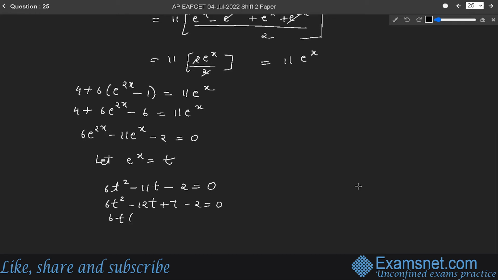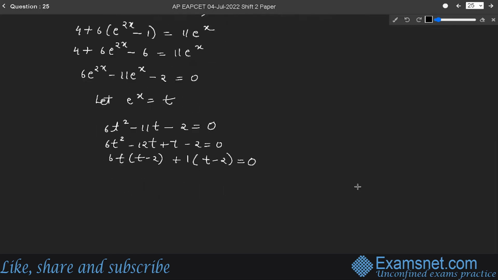Taking 6t common, it will be (t − 2). Again taking plus 1 common, it will be (t − 2) is equal to 0. Now (t − 2) is common, so it will be written as (t − 2) and the remaining factor is (6t + 1), equal to 0.